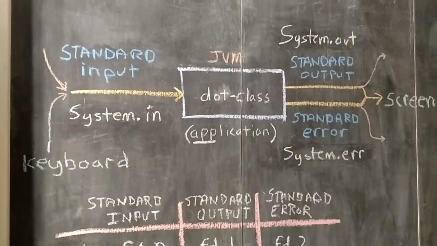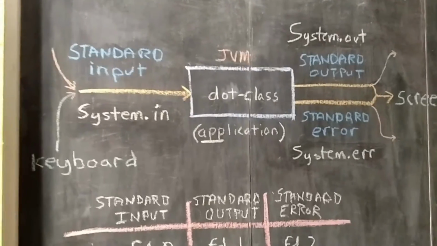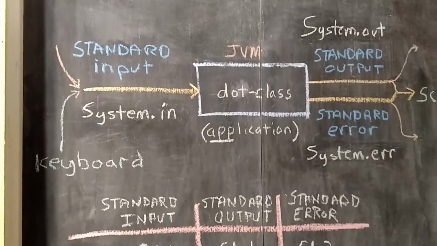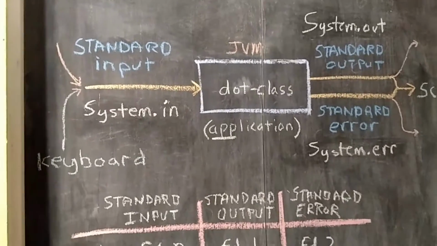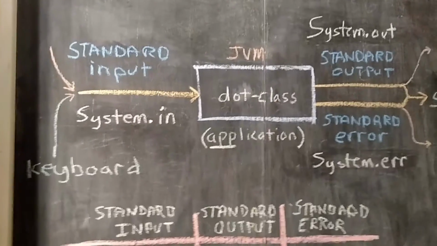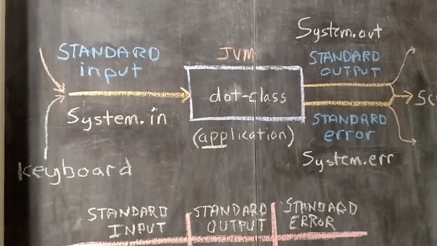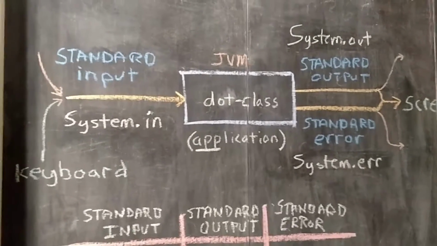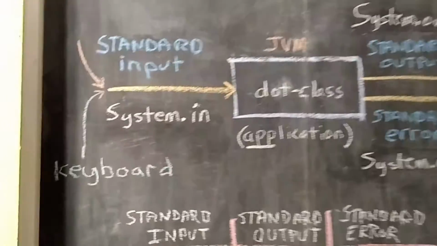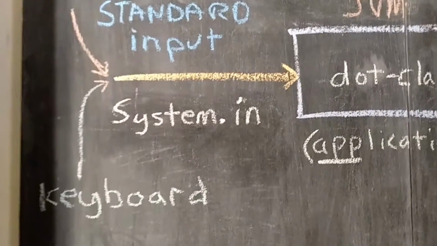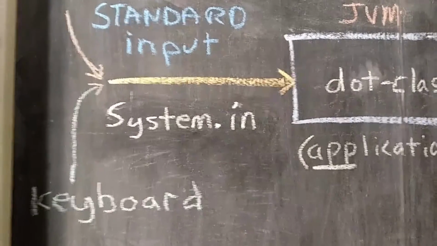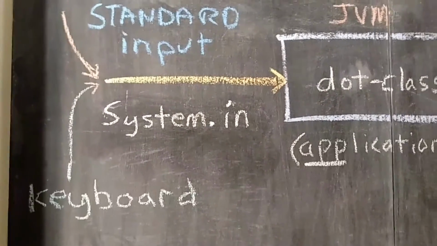The 3 I/O streams that are opened up, well, one of them has to do with standard input. And by default, standard input is your keyboard. With respect to Java, the way we access the standard input stream is we use an object named in that is inside the System class.